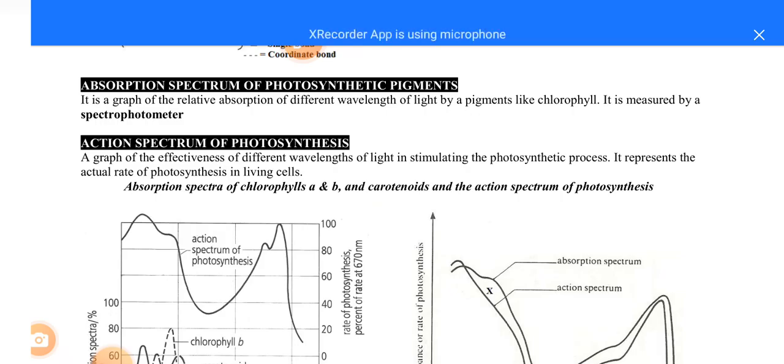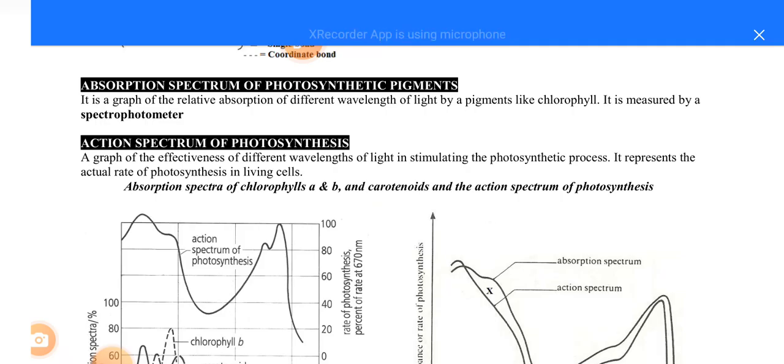You should know that we have chlorophyll A, chlorophyll B, and the carotenoids. Those are the ones we are going to deal with in the absorption and action spectrum. The absorption spectrum is measured by a machine called the spectrophotometer.